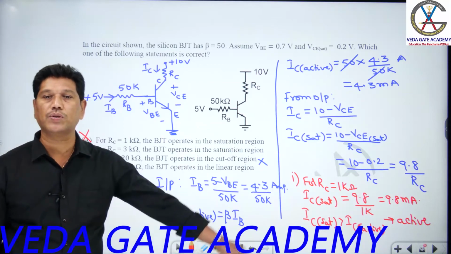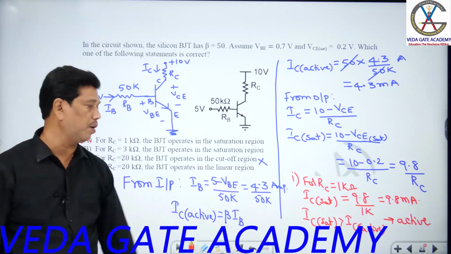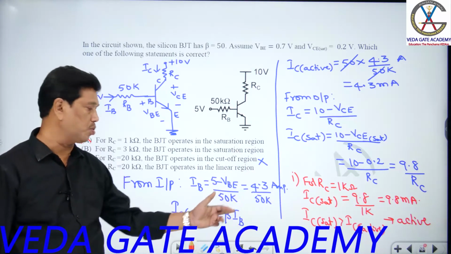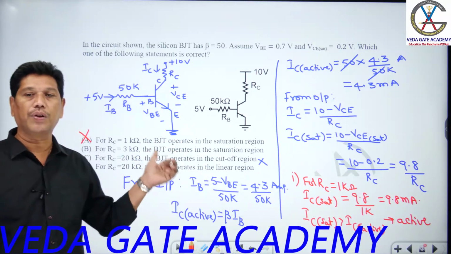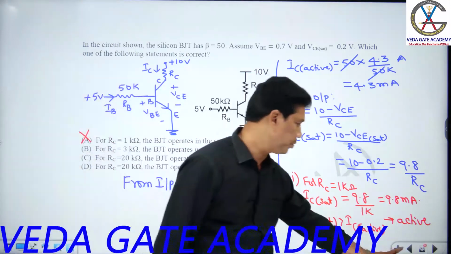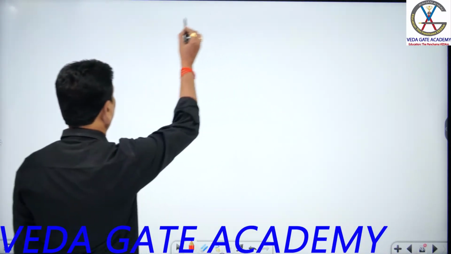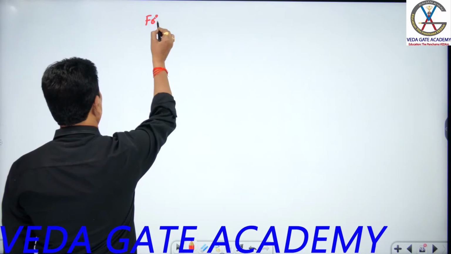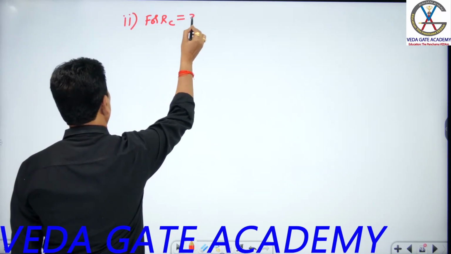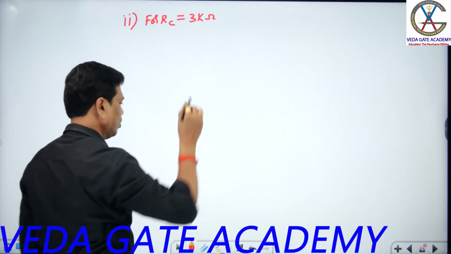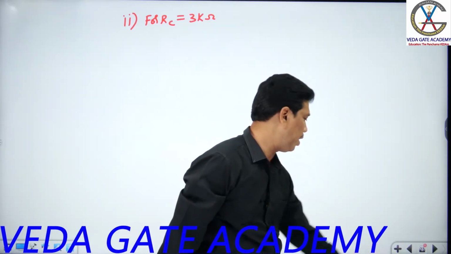Option A is wrong, students. Now I go for the next option, that is RC equal to 3 kilo ohms.